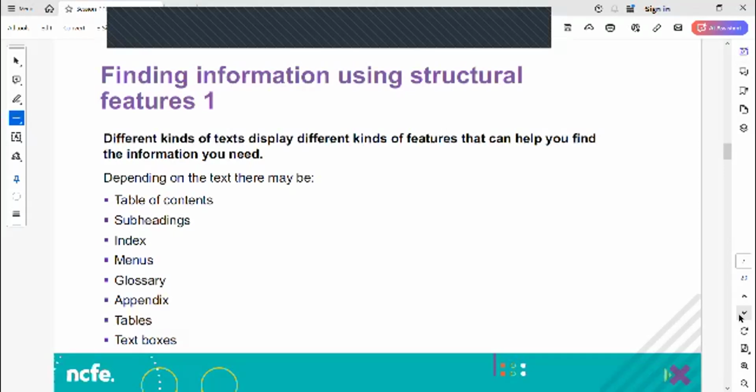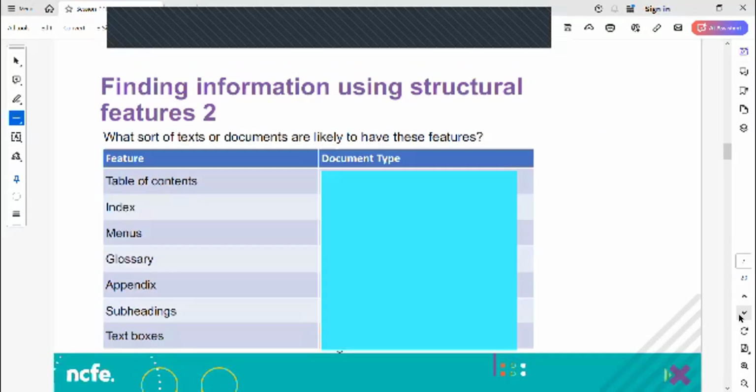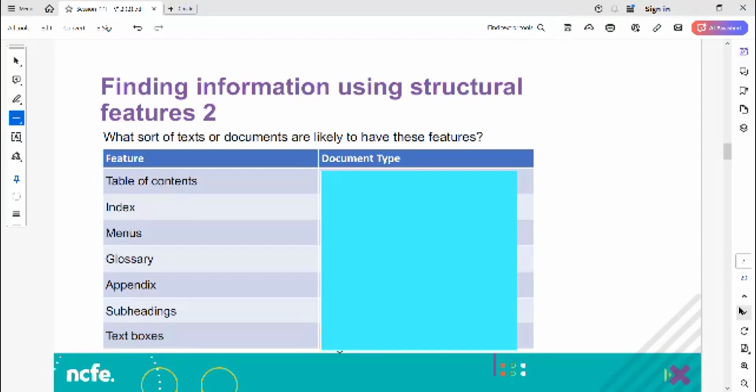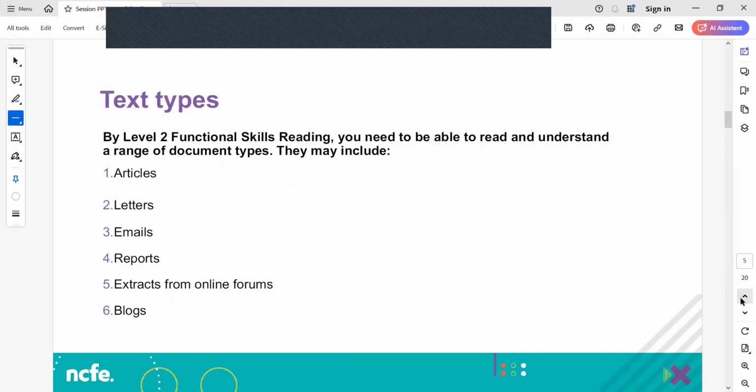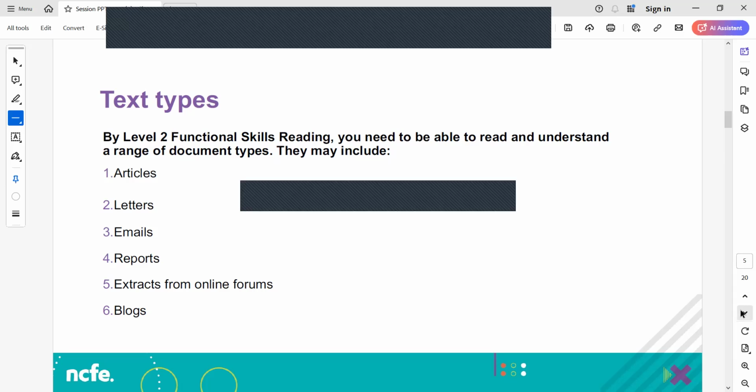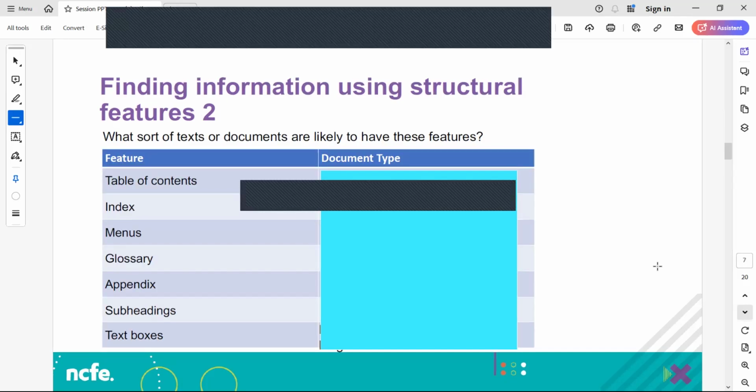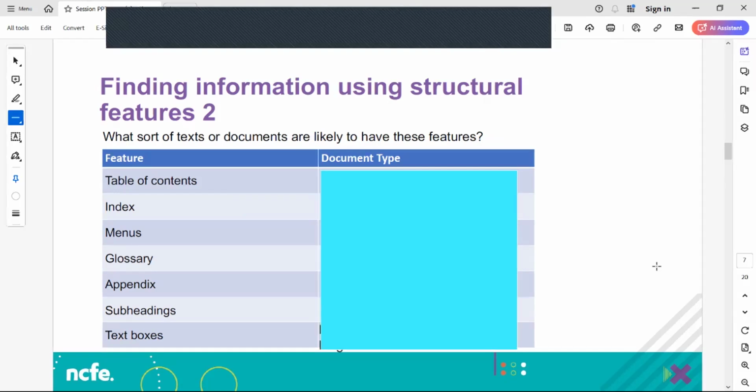Okay. So, what sorts of text or documents are likely to have these features? If you think about these text types, where would you find these features?